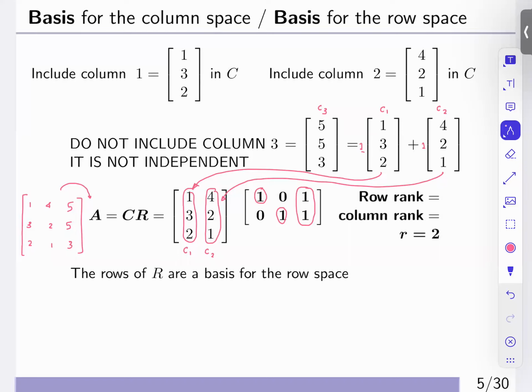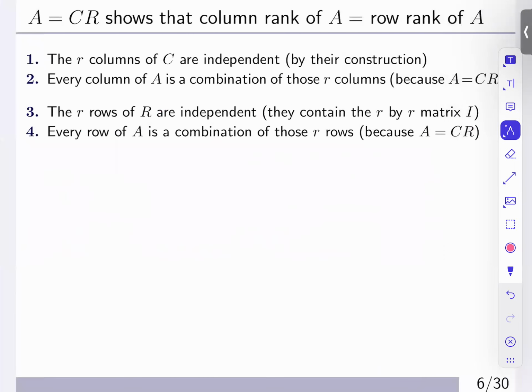One thing that goes without saying: if you look at this row matrix, the rank of the row matrix is also 2. So if you take this matrix and say rank R, that is going to be 2. And clearly the rank of the column matrix is 2 as well.